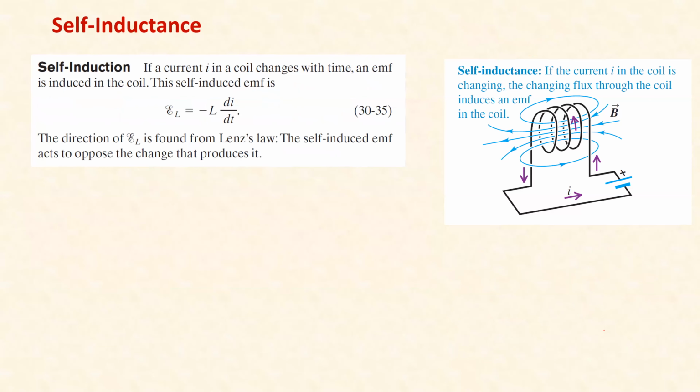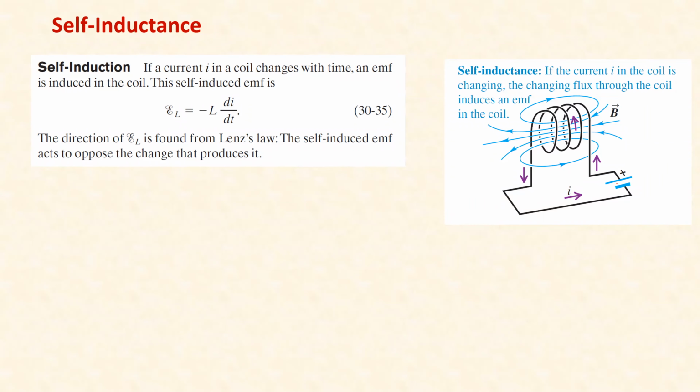But what is self-inductance? Suppose we have this inductor. When you send current through it, there's a magnetic field going through it, and it has an inductance that we can calculate theoretically. And what happens if this current changes? As long as the current doesn't change, nothing happens.